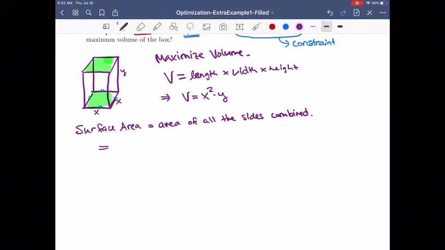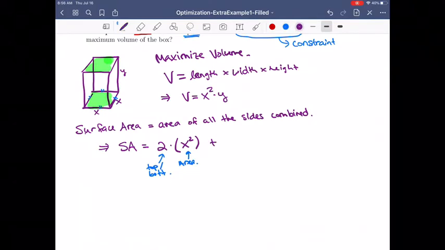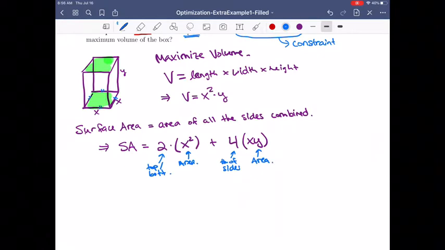So when we compute the surface area, we're going to have a top and a bottom, so two of those, and the area is going to be x times x, so x squared. So this is for the top and the bottom, and this is their area. So there's two of them, and they have area x squared. And then to that I want to add, there's 4 sides, and each side has area x times y. So this is the number of sides and the area for each. Okay, so our surface area is 2x squared plus 4xy.